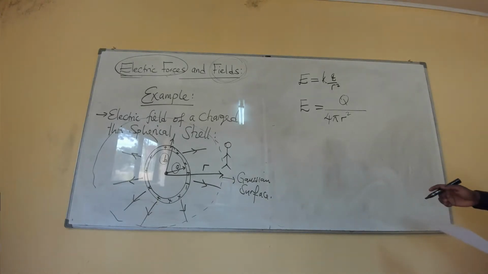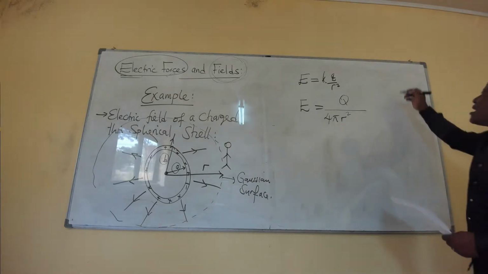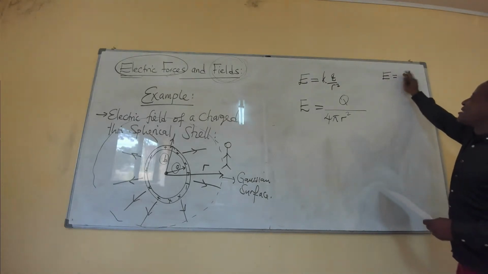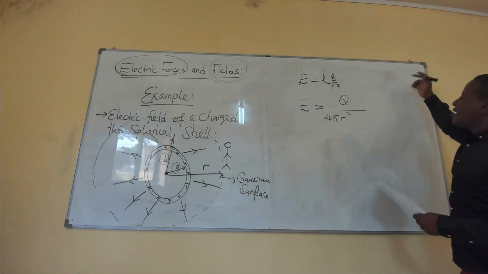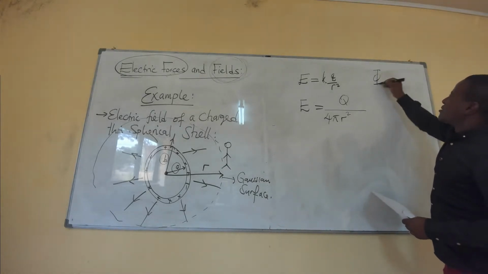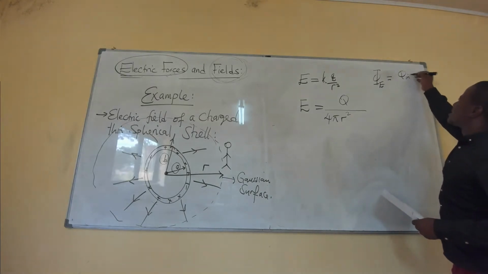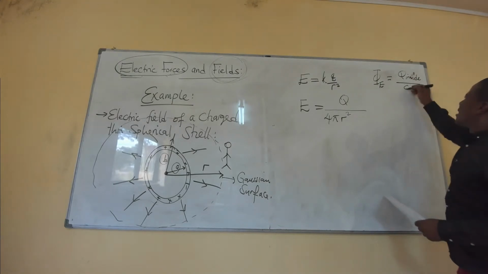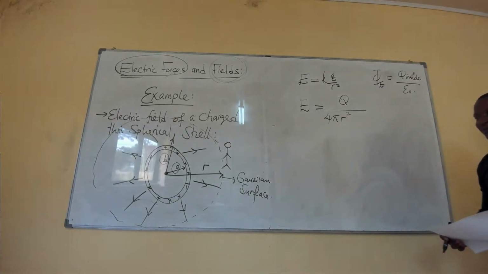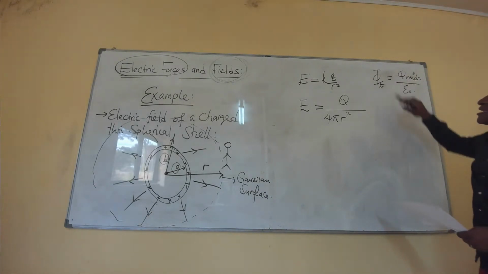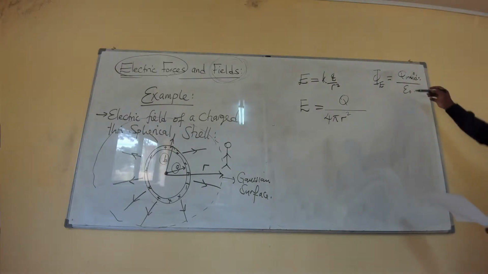Then from there now, remember there is this formula which we just wrote, which is the flux, is the same as Q enclosed inside, divided by epsilon 0. Remember that? So it means that the one that we have here, which is the flux, is the same as this.